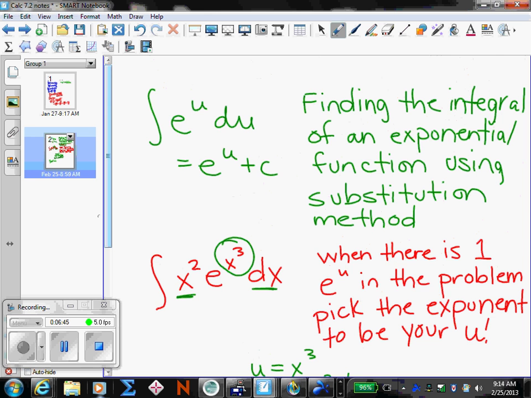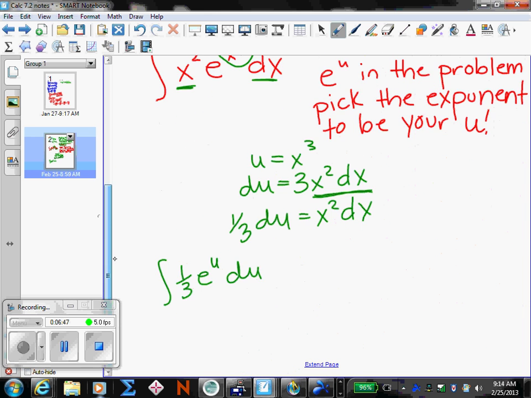So once you get it in e to the u form, it doesn't matter if there's a constant in front or not, just pull the constant out, then we will get 1/3 e to the u plus c. And then substitute in your u. So 1/3 e to the x cubed plus c.